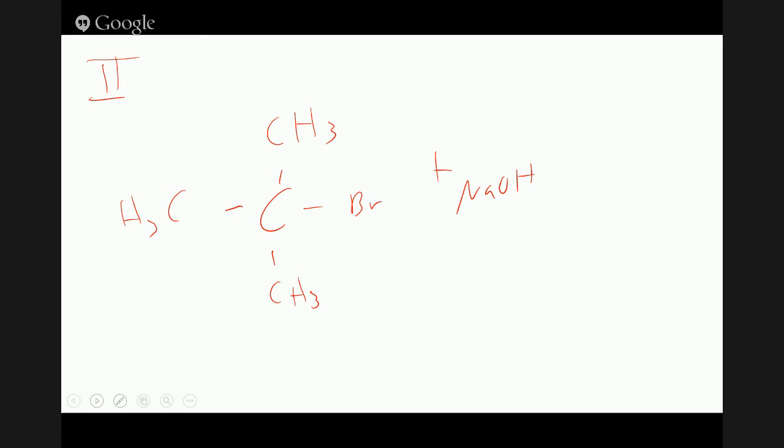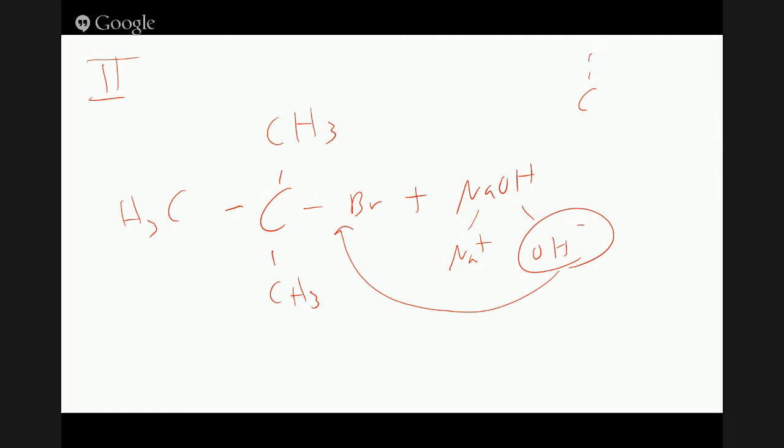Okay, going on, continuing with question 2, I have a tertiary halogen with the bromine, and I have sodium hydroxide. The sodium hydroxide, remember, is going to be the ions. So this OH minus is going to replace the bromine. And I'm going to get as a product the tertiary alcohol.